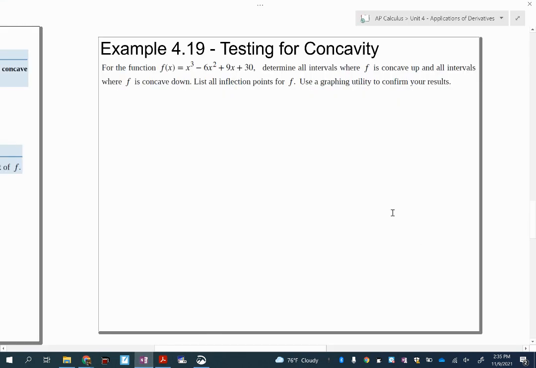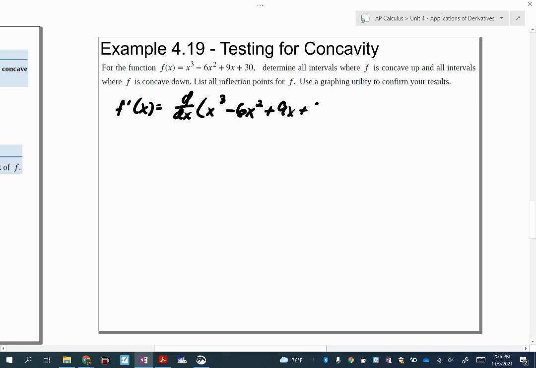Okay, so for testing for concavity, the first thing we're going to do is find the second derivative of this original function. So the function is x cubed minus 6x squared plus 9x plus 30. So let's find the first derivative. d dx of x cubed minus 6x squared plus 9x plus 30 is going to be 3x squared minus 12x plus 9.